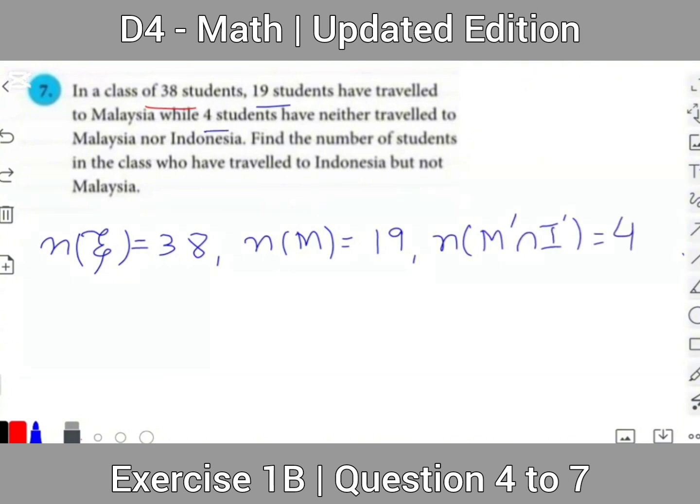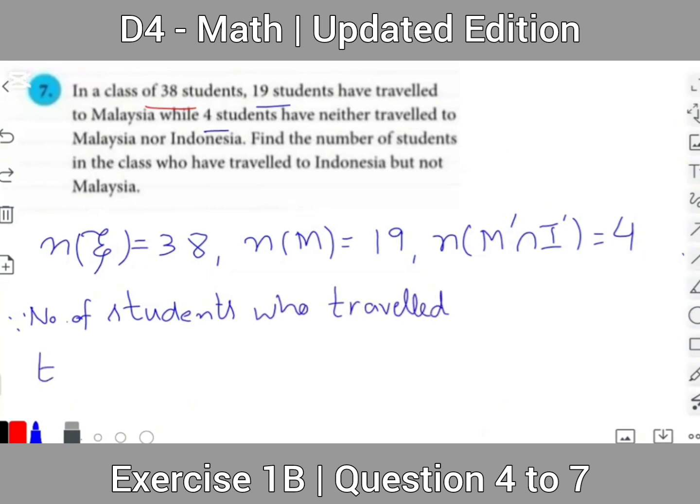So we can easily find out the number of students who traveled to Indonesia but not Malaysia.